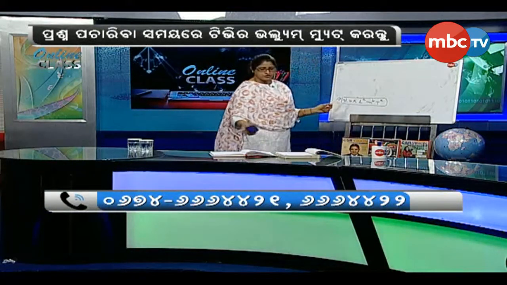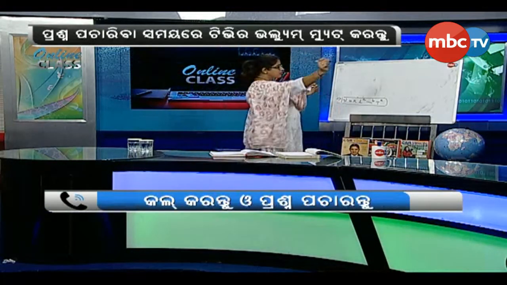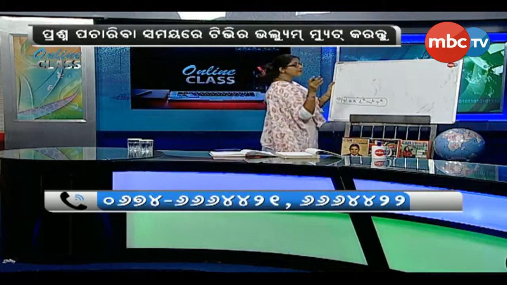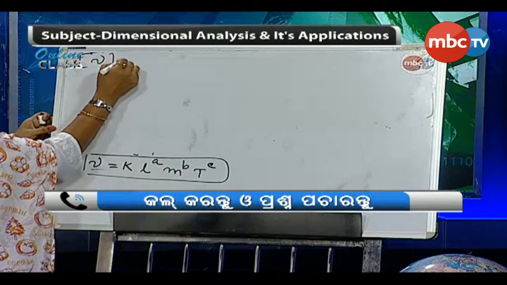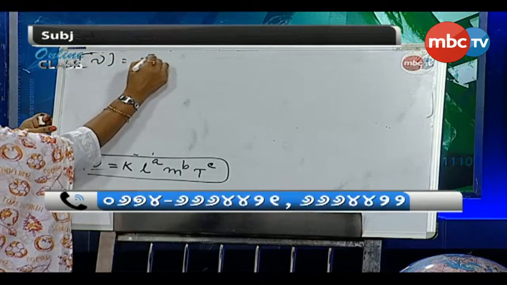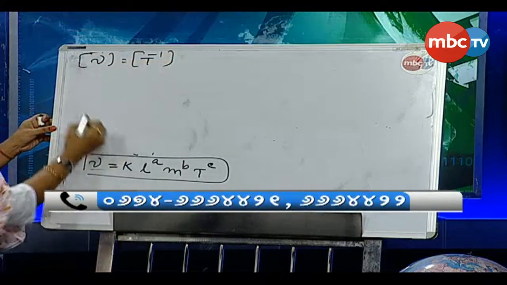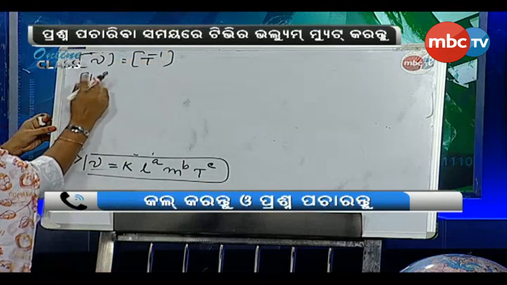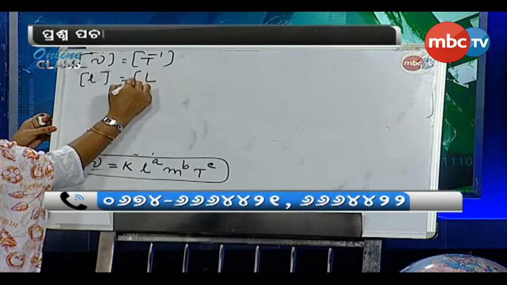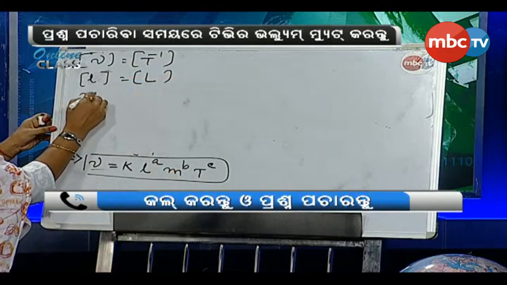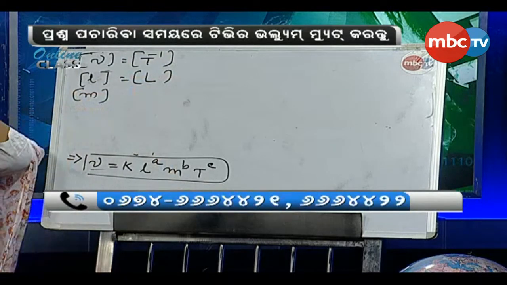Yes, this is the equation. Just now I told you the dimension of frequency: it's 1 upon time period, or T^-1. The dimension of L is L. Now what is M given? This is important.